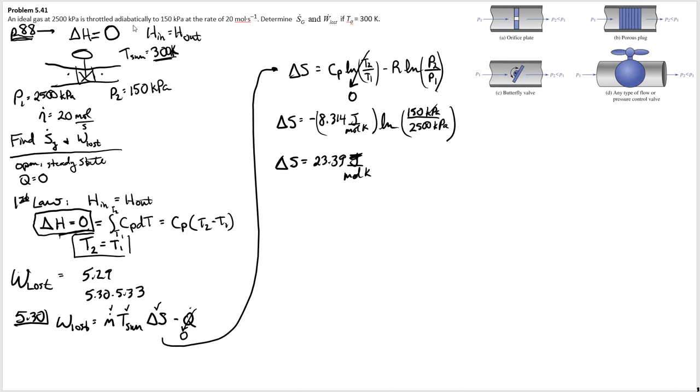And notice I don't care if I didn't change this to a kilopascal unit or whatever, or change this to bars or anything, because that's just going to cancel. I'm left with joules per mole.